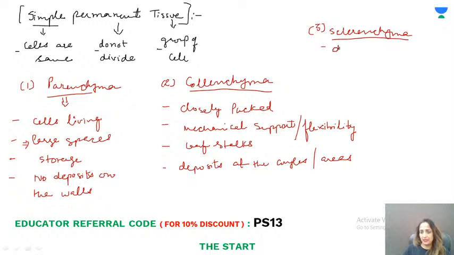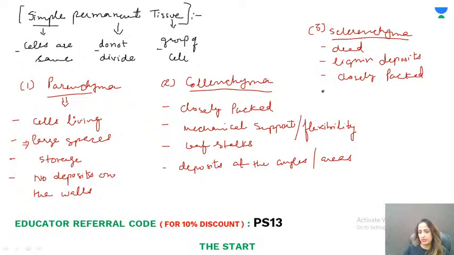They are dead, right? They have lignin deposits all over the place. Once I draw the picture for you guys, then it will be more clear. Of course, lignin deposits are there. They are closely packed.